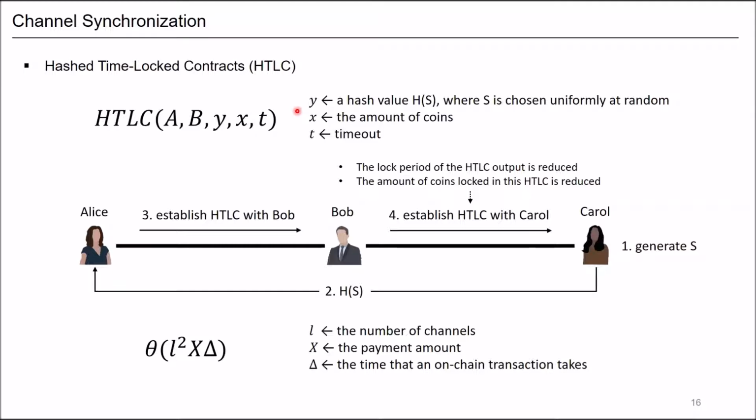HTLC enables cross-channel synchronization by allowing A to lock X coins from A and B's channel that are only redeemable if the contract's conditions are fulfilled.